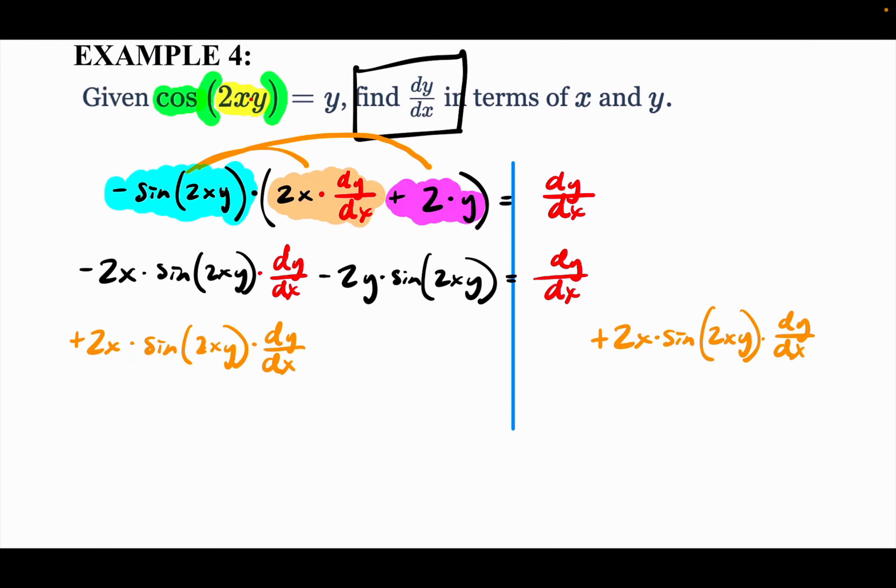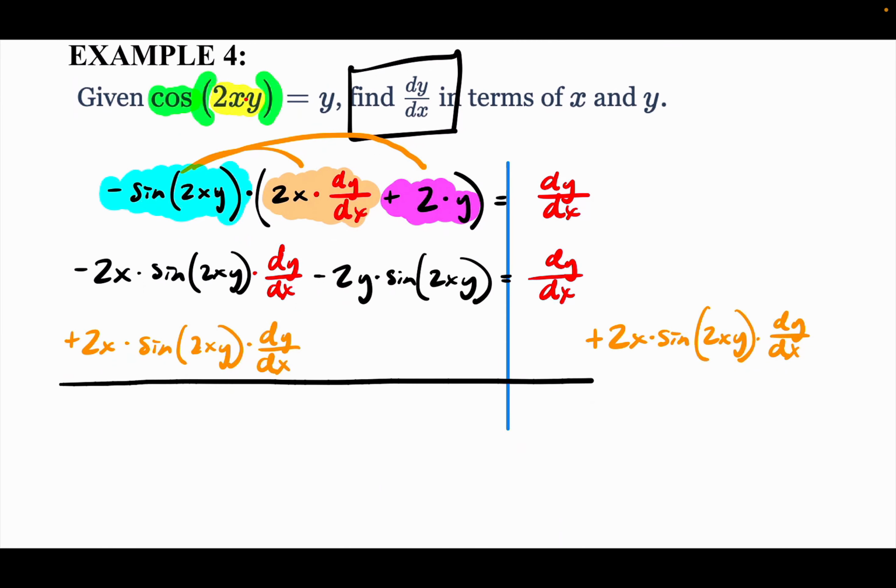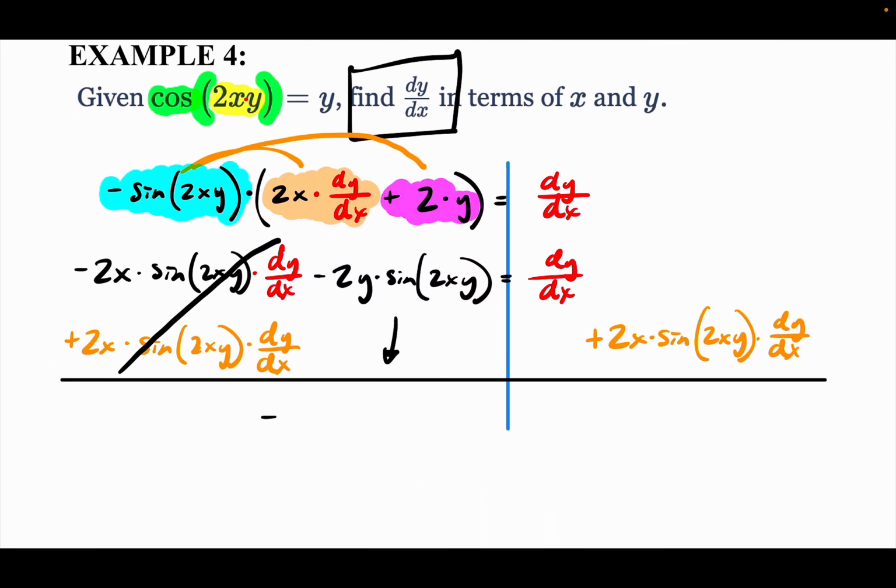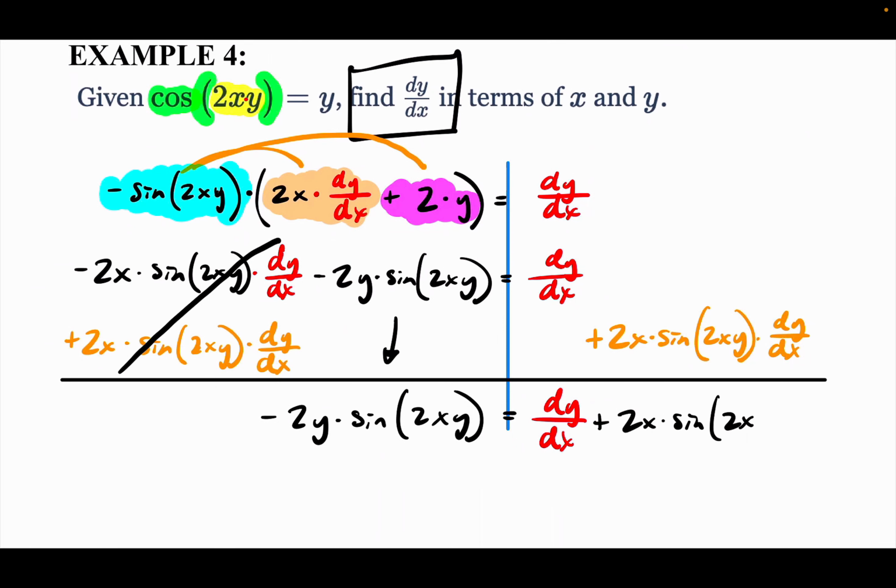Okay. This guy goes away. Bring this guy down. Negative 2y times sine of 2xy equals, over here I have dy dx plus 2x times sine of 2xy times dy over dx.